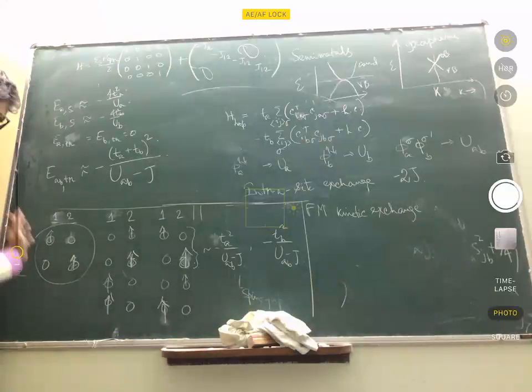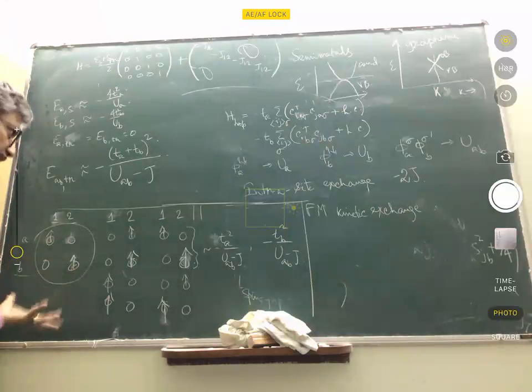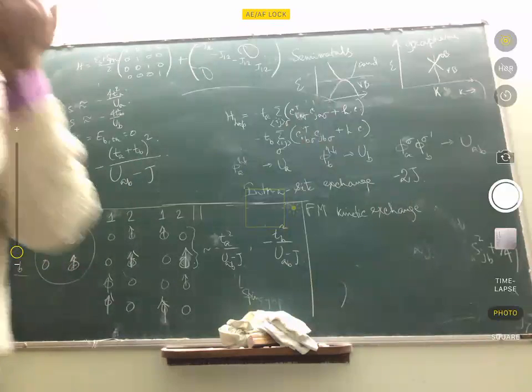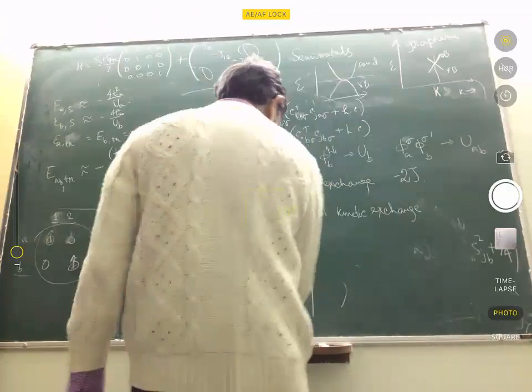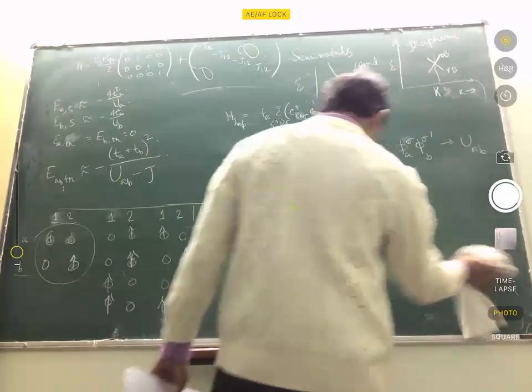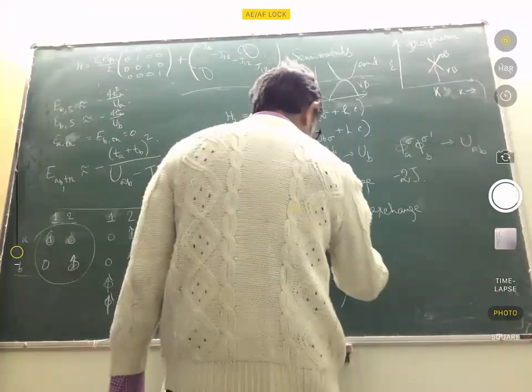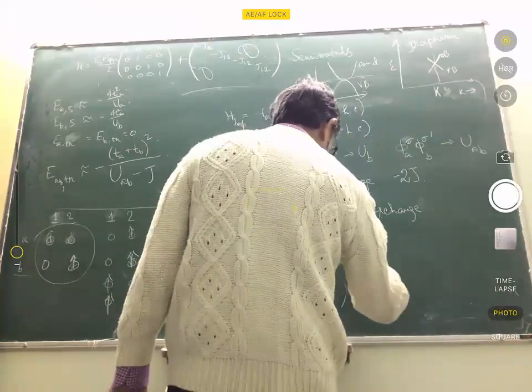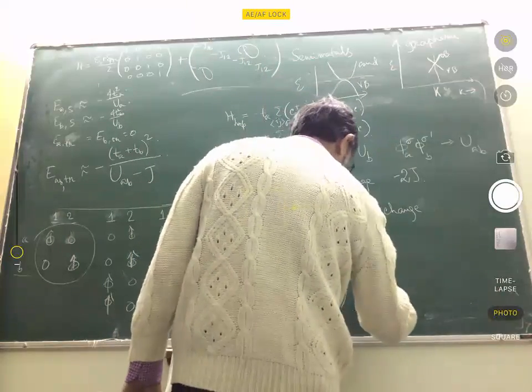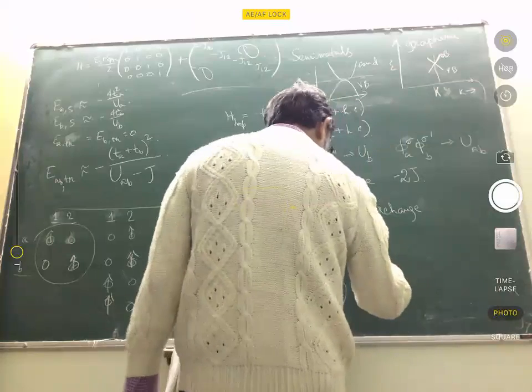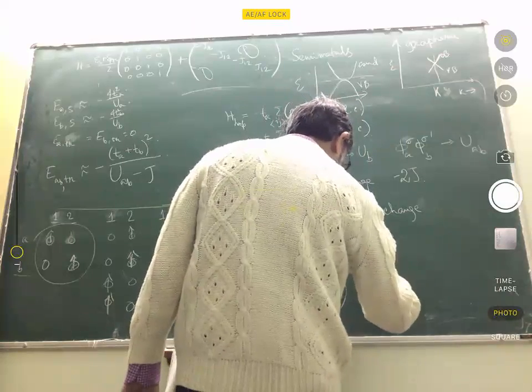For me to have this state, this orbital, phi A, has to be occupied by the electron here and phi B has to be occupied by the electron there. Now, if I translate this to the lattice situation, let me draw the generic square lattice in 2D. And suppose here I have the phi A occupied.